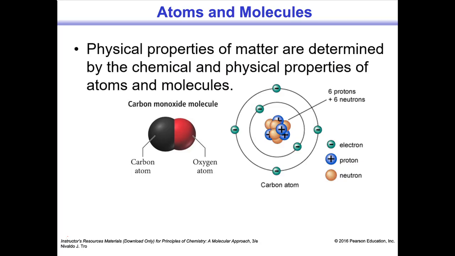Okay, so we're going to start by talking about atoms and molecules. We want to say that the physical properties of matter are determined by the chemical and the physical properties of the atoms and molecules.